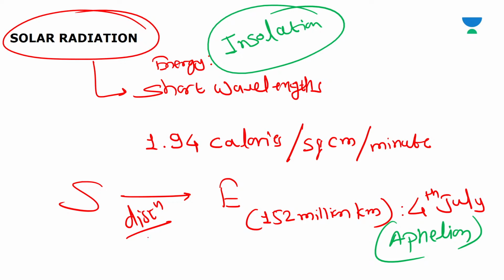Now, on 3rd January, the earth is nearest to the sun, that is around 147 million kilometers.